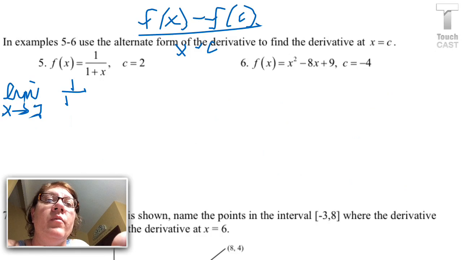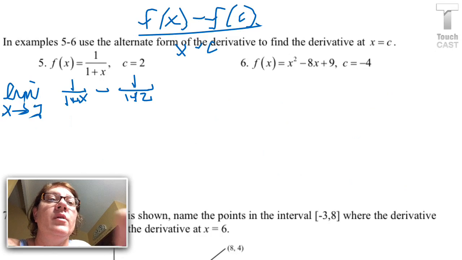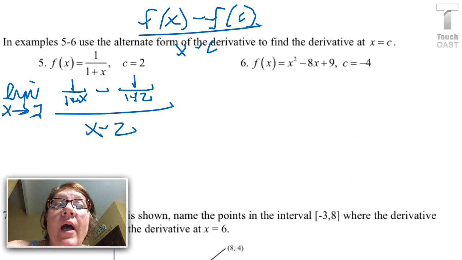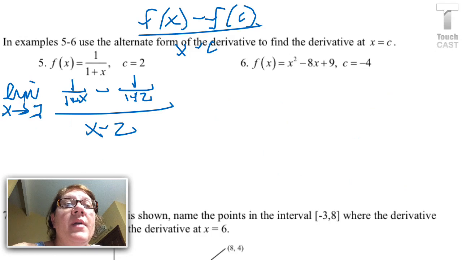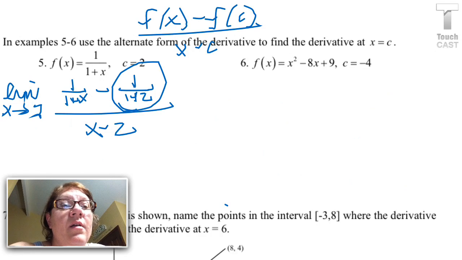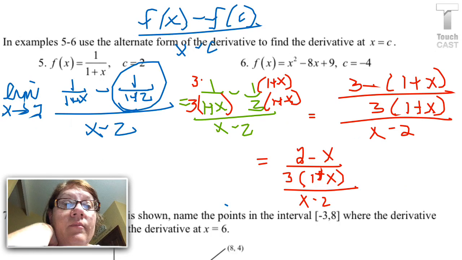That's 1 over 1 plus x minus f of c would be 1 over 1 plus 2, because I would plug in 2, over x minus 2. And you can see I have a problem. I can't substitute in 2 because it'll give me 0 in the denominator. So I got to tidy up the top, get a common denominator. I'll simplify this one on the right because that's going to be 1/3. And pause the video and see if you can do it.